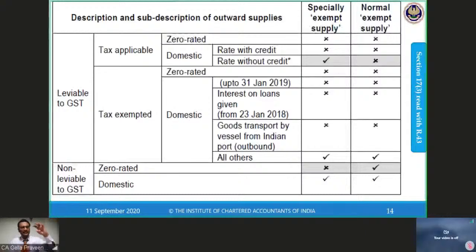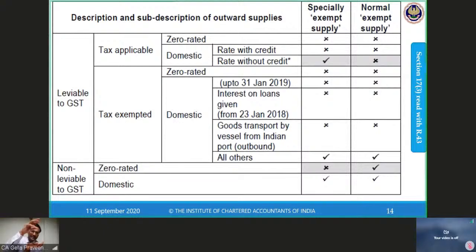So categorization. First is leviable to GST. If there is a sales register where I have taken all the list of transactions, I have bifurcated: one called leviable to GST, second called non-leviable to GST. So first I come to leviable. In leviable to GST, taxable and exempted. Taxable, where tax is paid.